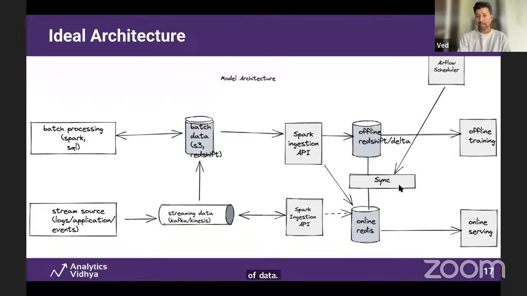So the sync ensures consistency in the data, and Airflow or any scheduler might trigger that sync part. Online Redis will be used for online serving, and the offline store will be used for offline training. So this is the overall architecture.